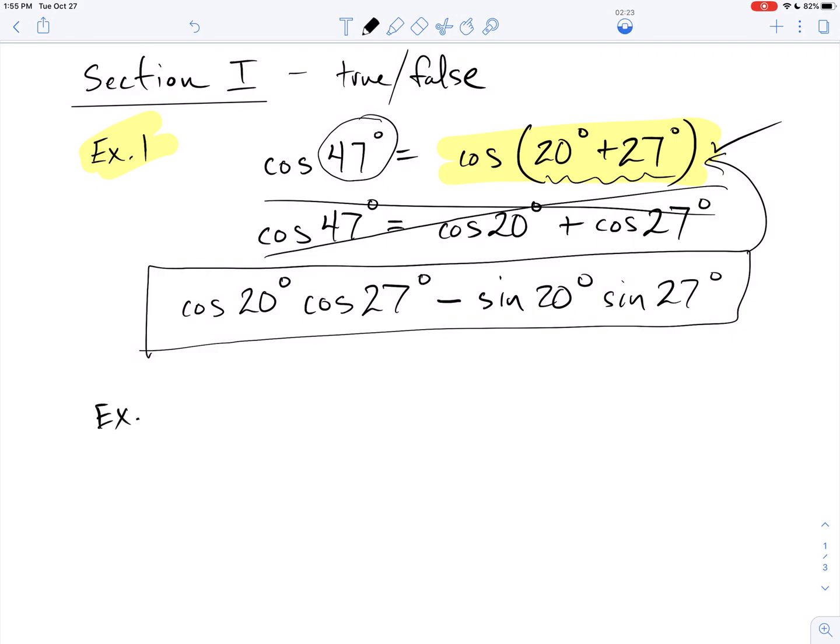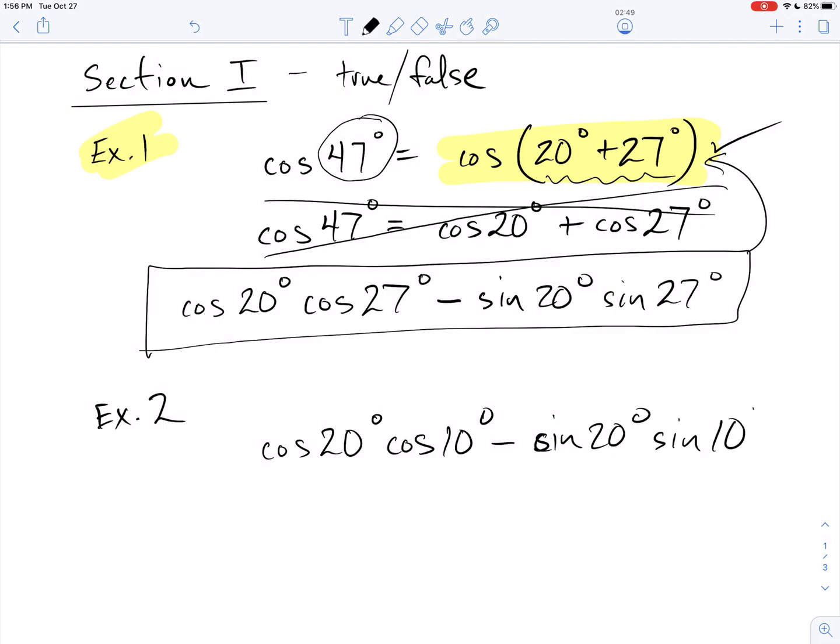What if they gave me something like this and said, be on the lookout for, what if they did cosine of 20 degrees, cosine of 10 degrees, minus sine 20 degrees, sine 10 degrees is equal to cosine of 10 degrees. Would that be true?